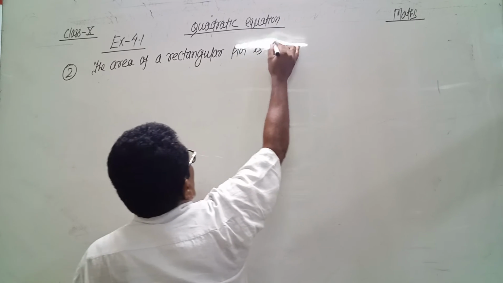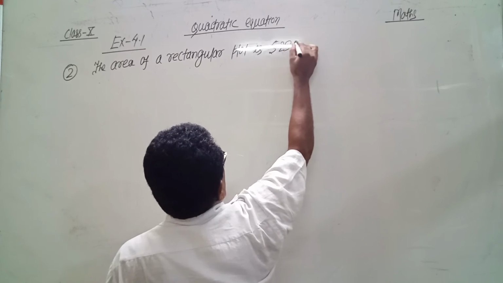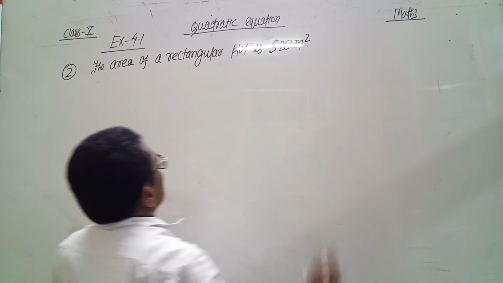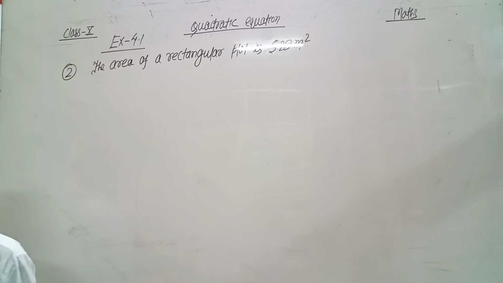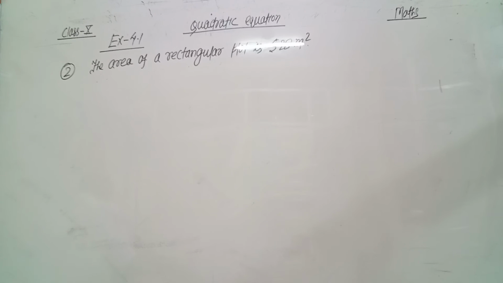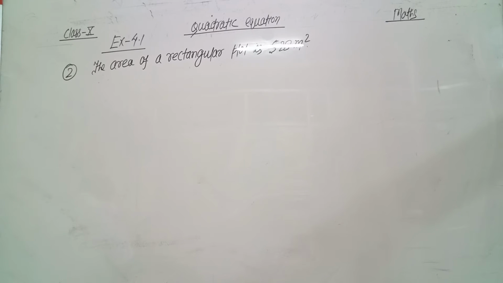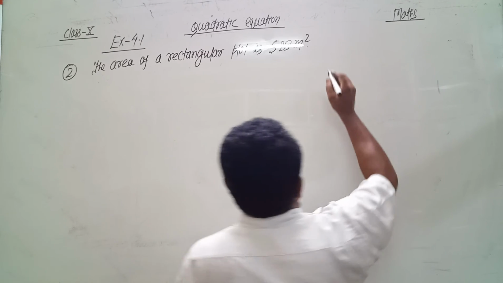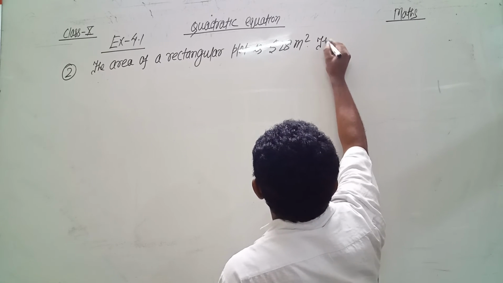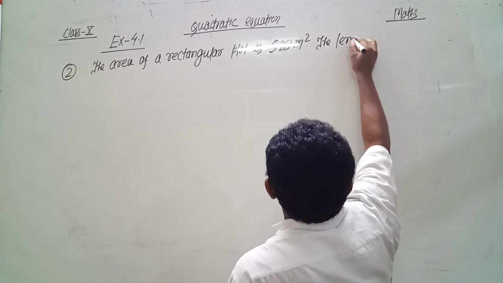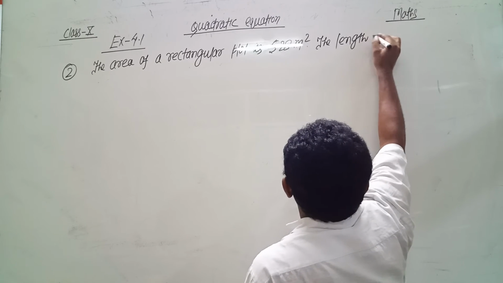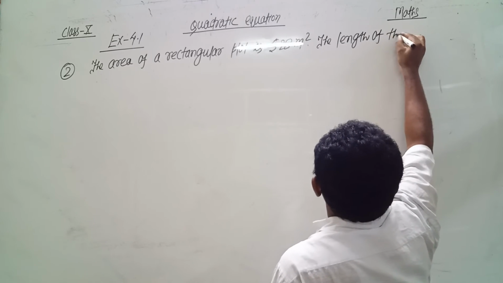We have given the area of the rectangular plot. The length of the plot is 1 more than twice the breadth. The length of the plot.